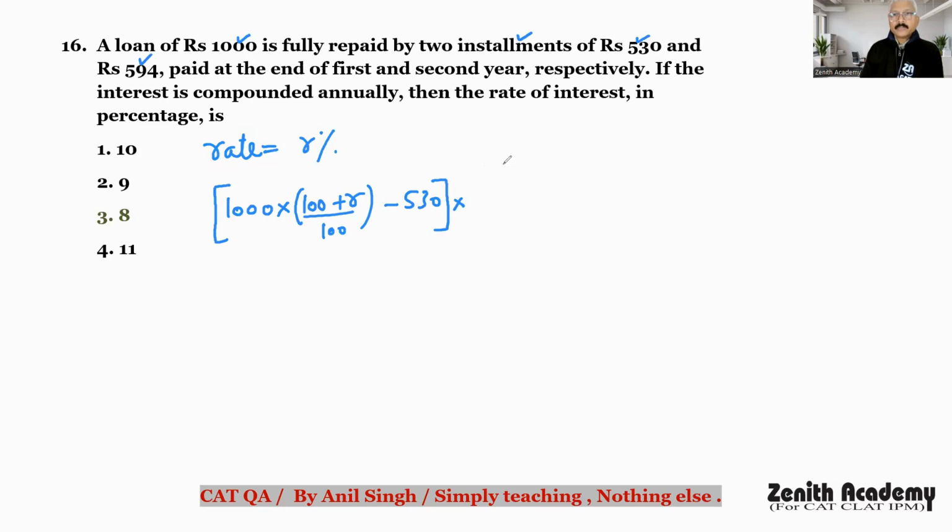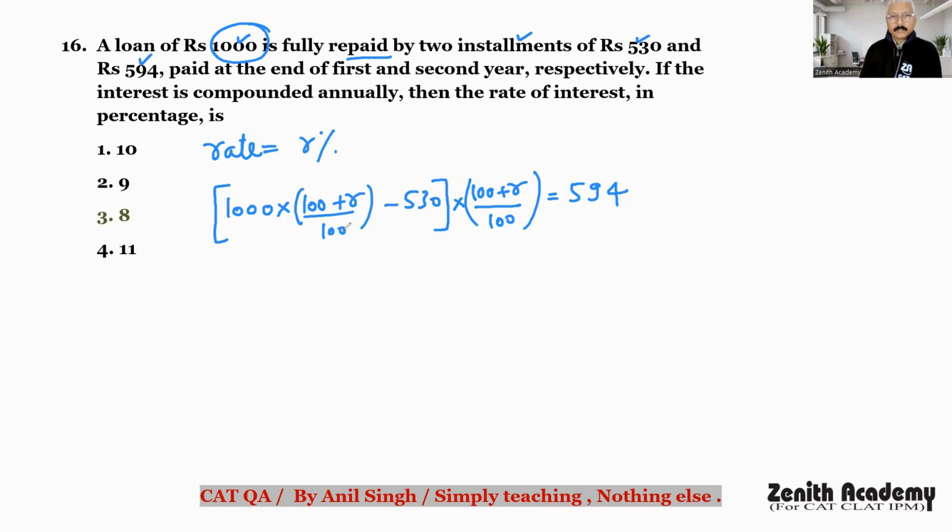And next year again, times (100 plus R) percent. And this is equal to 594, because this loan is repaid by only two installments, 530 and 594, at the end of the first and second year. Now we get the value of R.